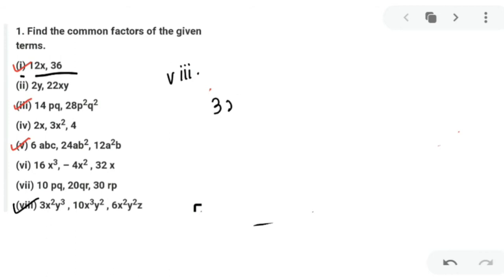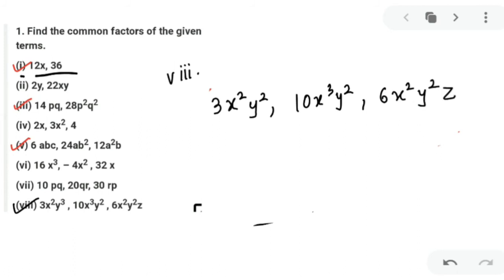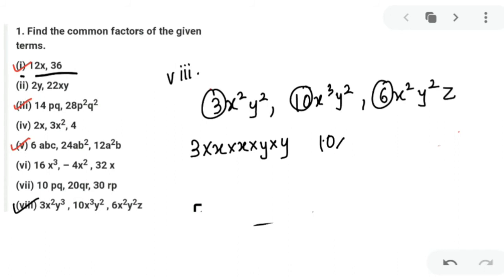It has 3x square y square, 10x cube y square, 6x square y square z. 3x square y square. So can I write x for 2 times, y for 2 times? 10, it can be splitted or you can keep it because 3, 10 and 6 has nothing in common. So you can put it 10 only, x for 3 times and y for 2 times.